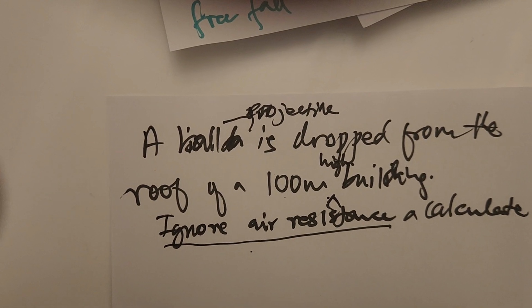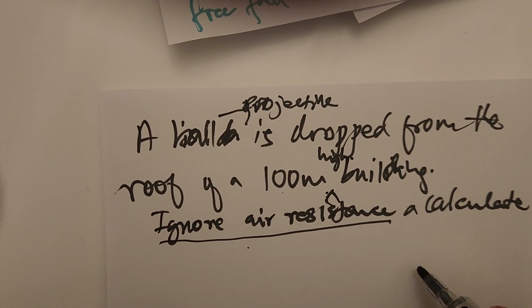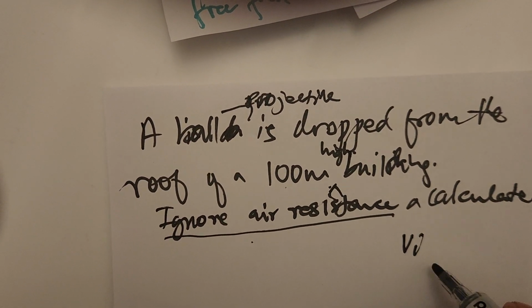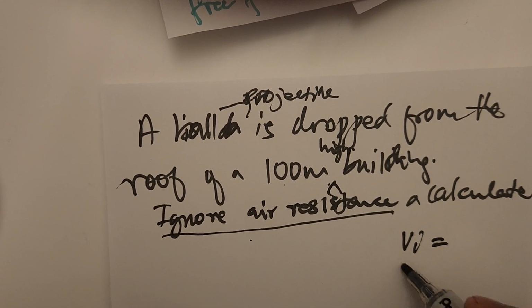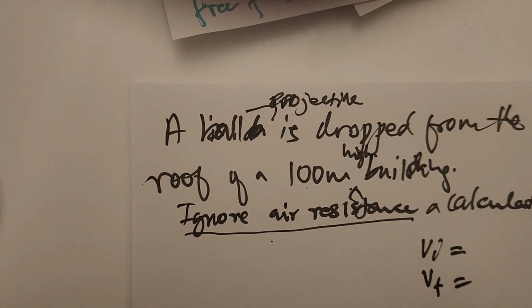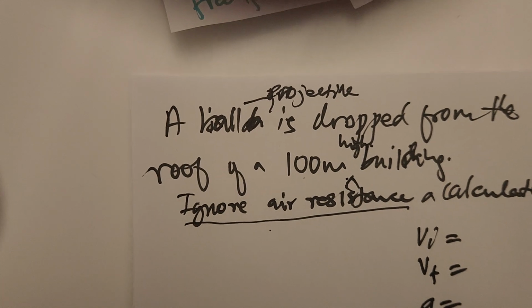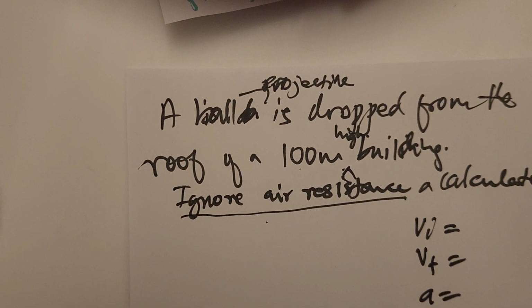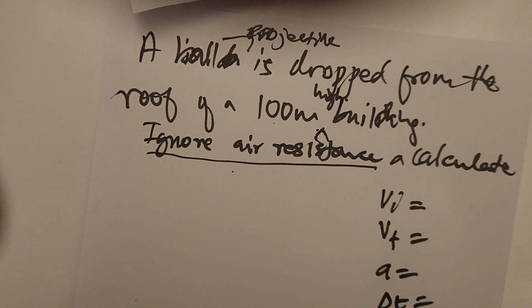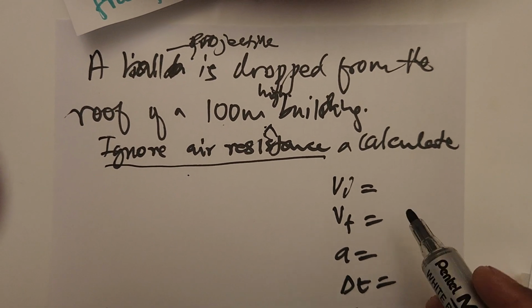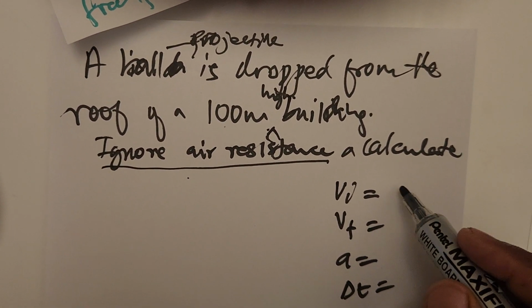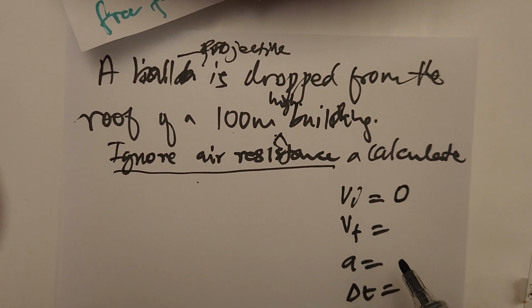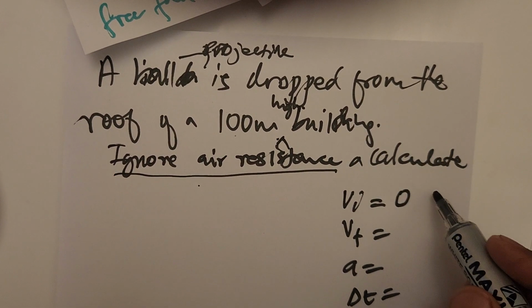If we analyze this one, we can say, oh, fine, all the time have all the 5 if you want to get it right: Vi, Vf, A, delta t, and delta y. Therefore, in this case, Vi, because it's dropped, it will be 0. And the ball starts by going downwards.